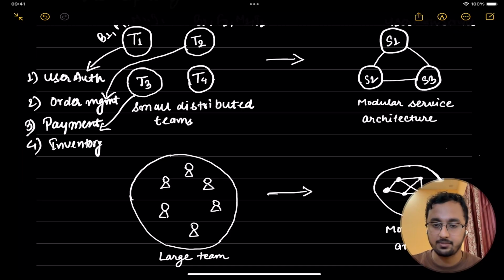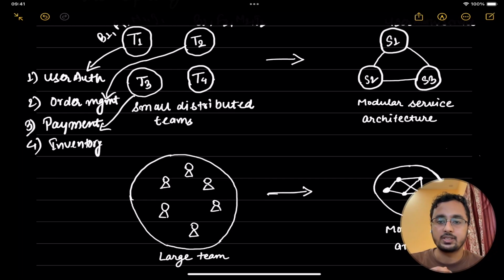And in no way am I saying monolithic architecture is bad. It's just that it's a very, very good starting point, and it can be a very good option to consider up until a certain point. And when I say up until a certain point, I mean till the point when you don't have organizational issues or software issues coming up.